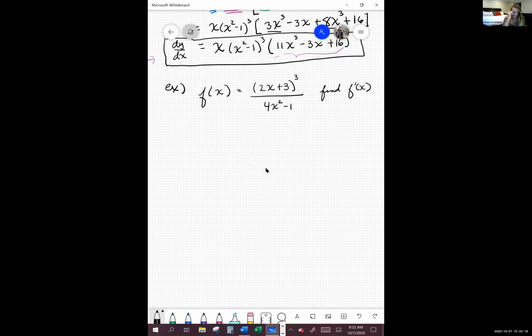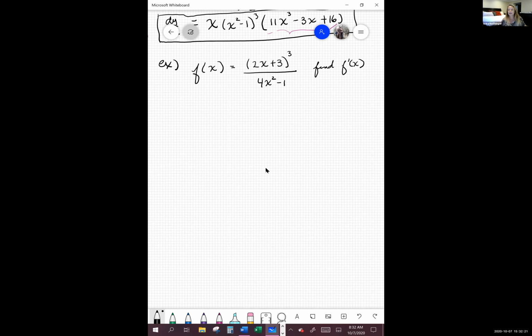Okay, so notice there we have division. And so we are going to need to use the quotient rule. And within that quotient rule, notice our numerator, we have this polynomial cubed. So we're going to use the chain rule there.